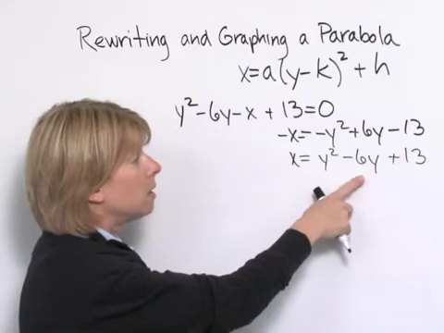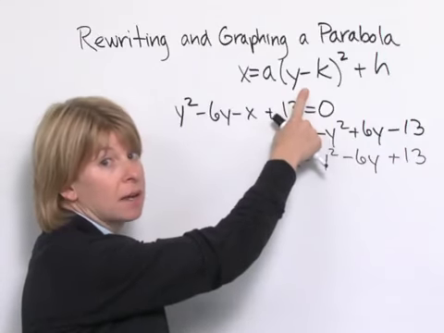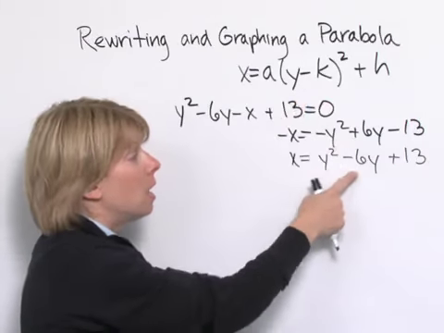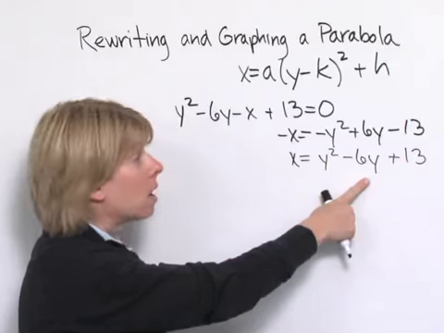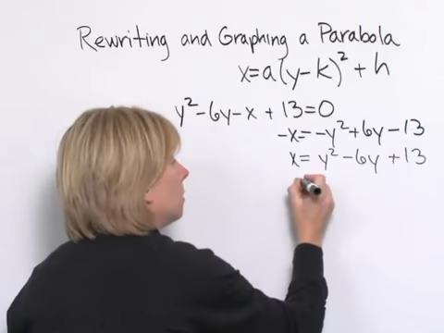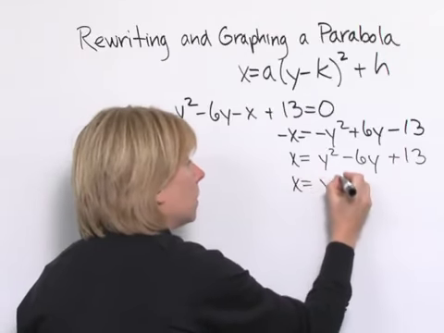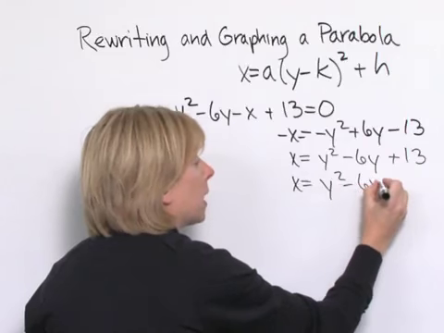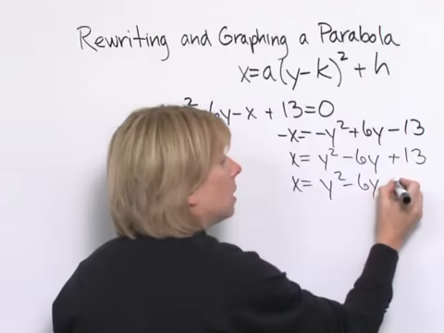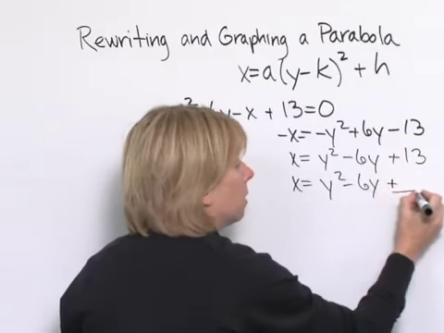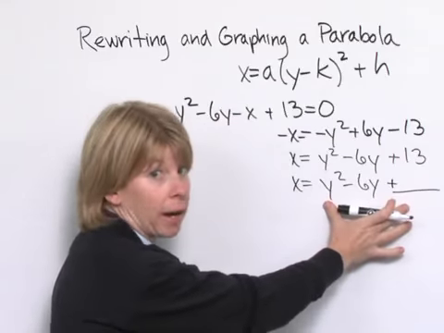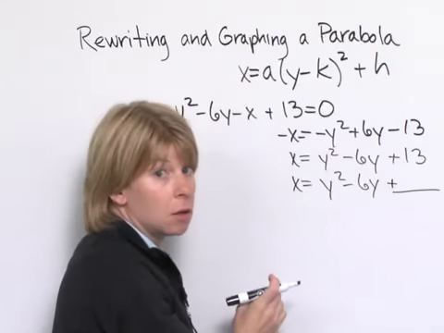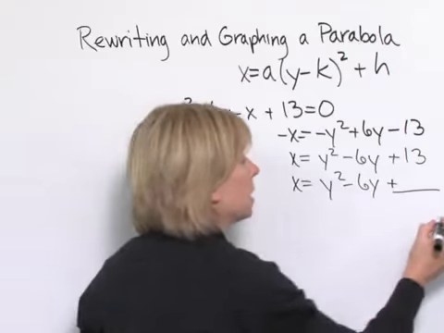Now on the right side, in order to have the (y minus k) squared part, I'm going to need to complete the square on the y terms. So I'm just going to rewrite this right-hand side, but leave some space. I'll be adding a number so that I can complete the square, but in order to keep the equation balanced, I'll need to subtract that same value.